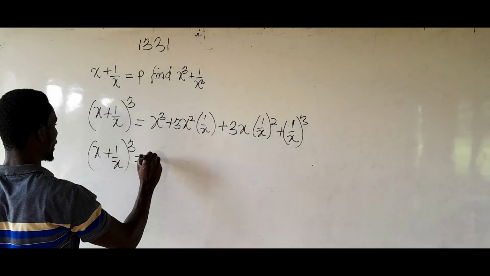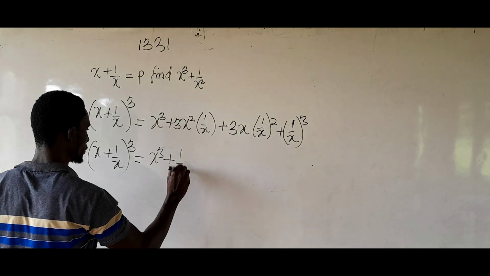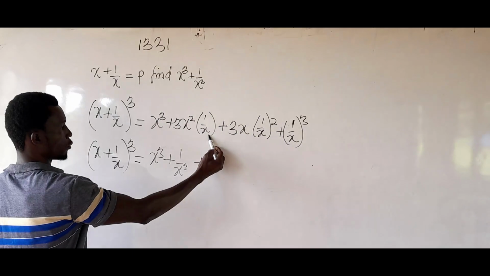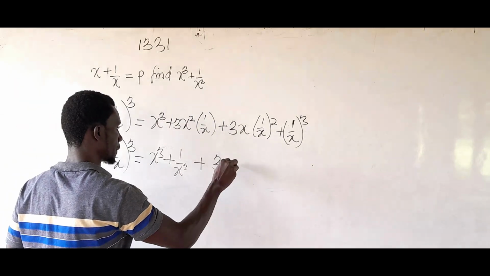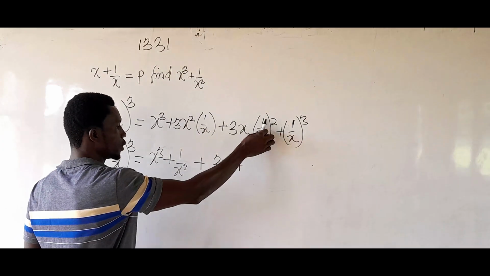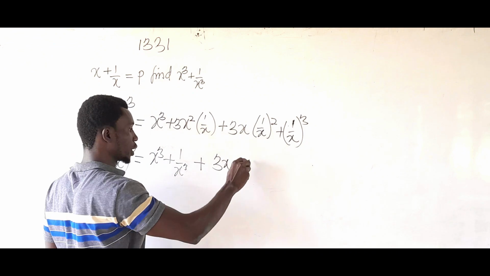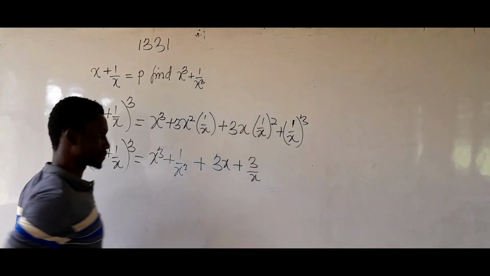So here it will be x cubed plus 1 over x cubed plus 3x, plus this will give me 1 over x squared, and the x will cancel the x. Will give me 3 over x.